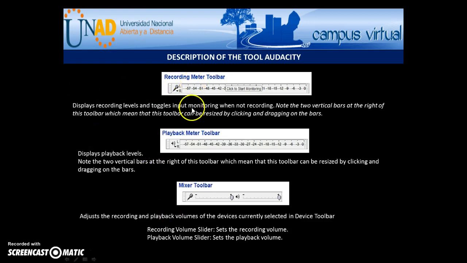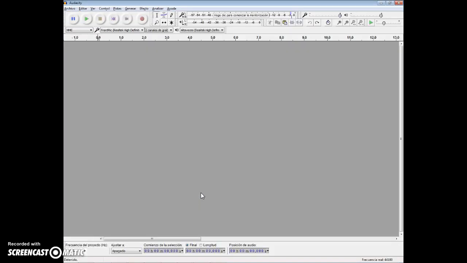Recording meter toolbar, playback meter toolbar, and mixer toolbar. As you can see, this is to measure the level of the sound while I am speaking. So this is to adjust or to check the volume of the recording.